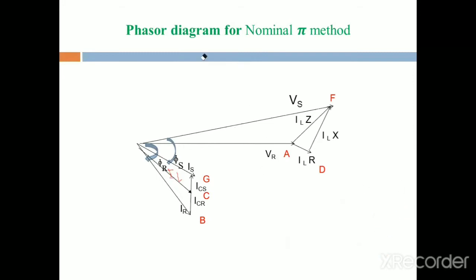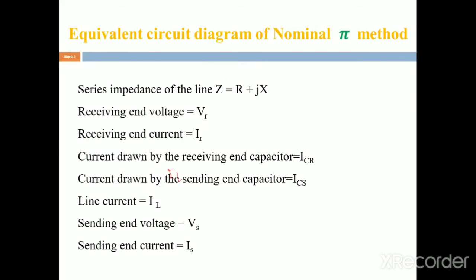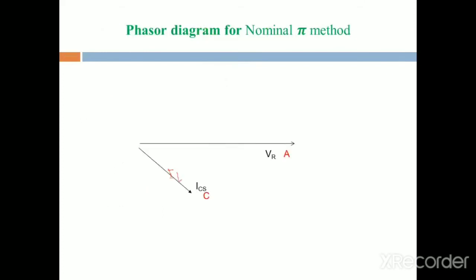Once again, I am explaining this phasor diagram. First, we draw the VR as the reference. That point is denoted as A. Next, at an angle of phi r, we take the IR.